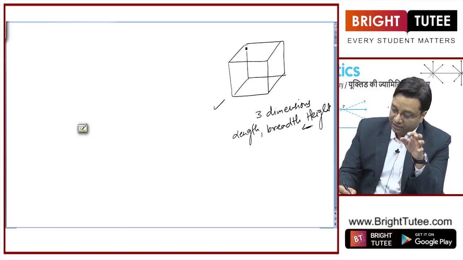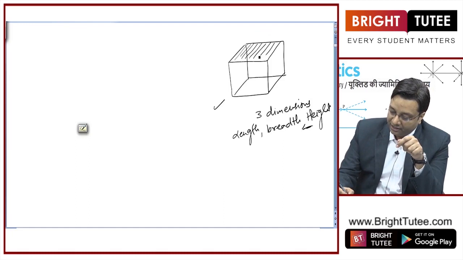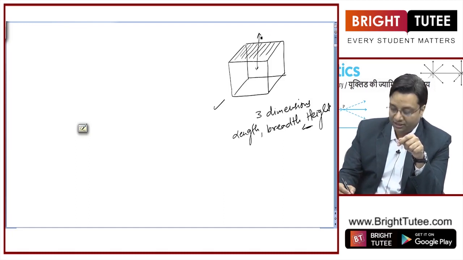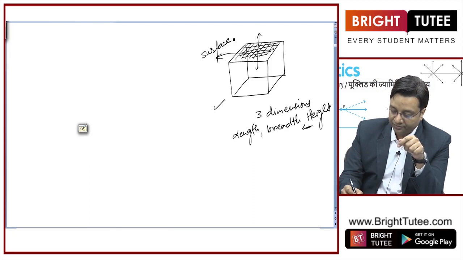Now this part of this solid which divides the space into two parts, right? One is below this surface and one is above this, okay? This is known as surface, okay? This is known as surface.